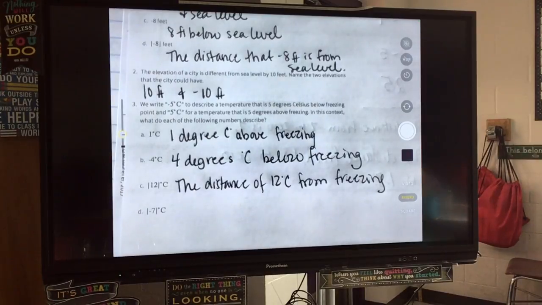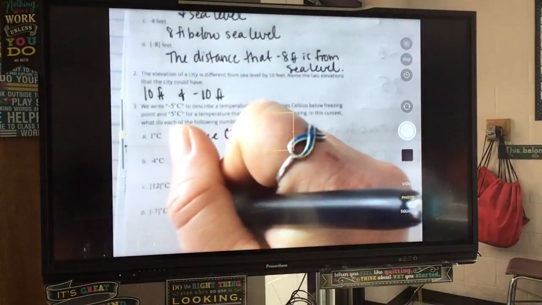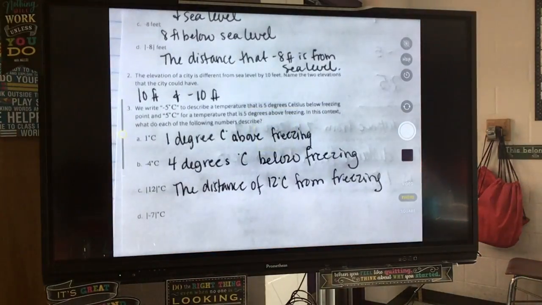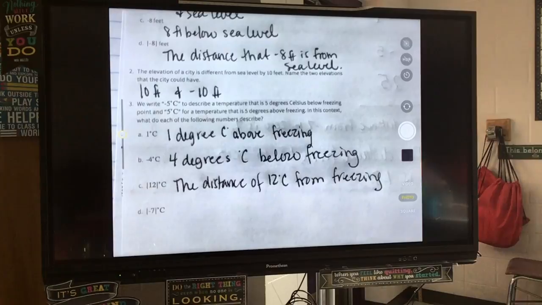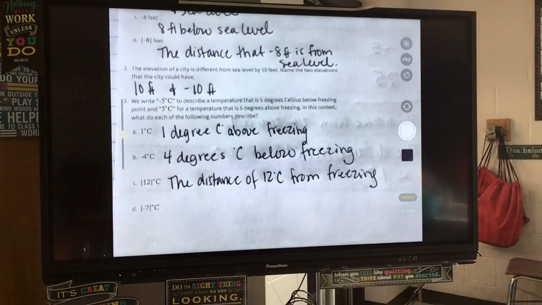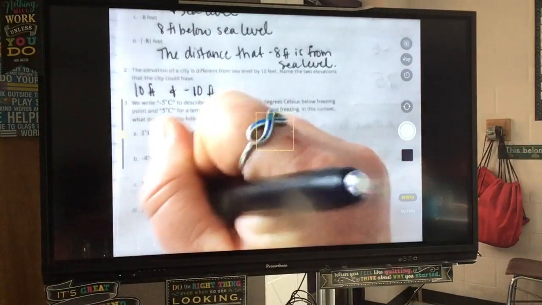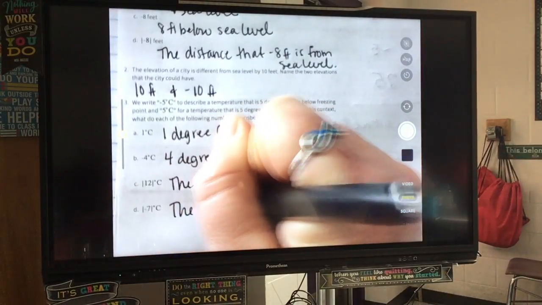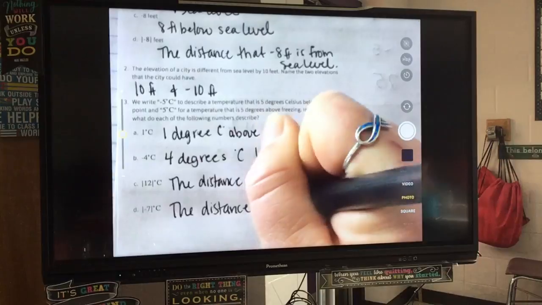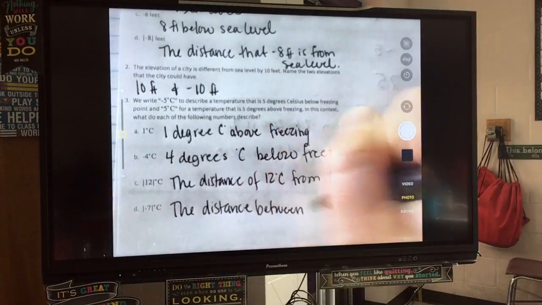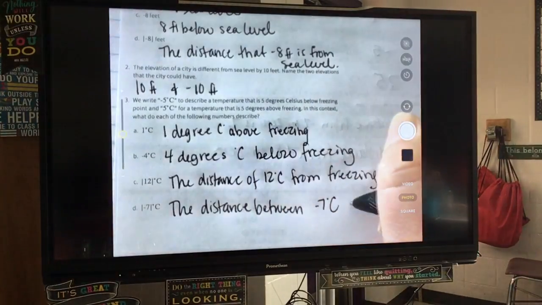All right, the absolute value of negative 7 degrees Celsius. Lily? The distance between negative 7 Celsius and freezing?